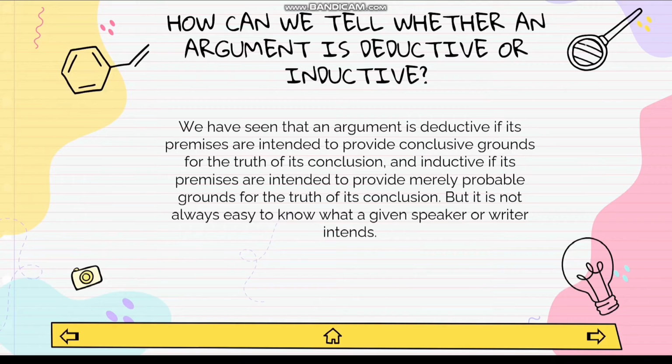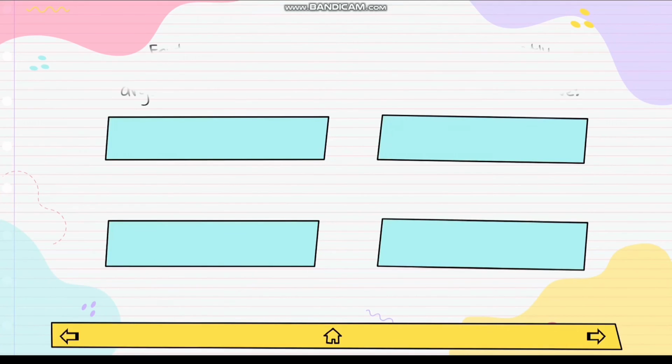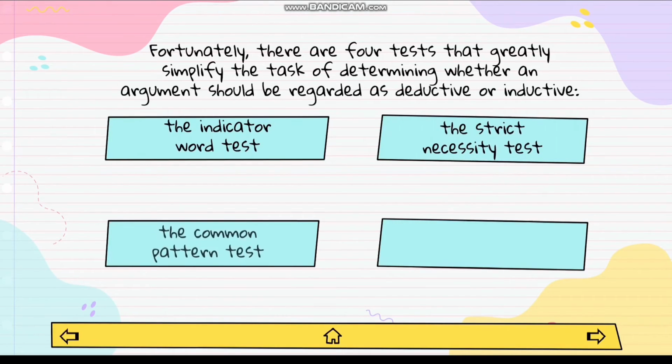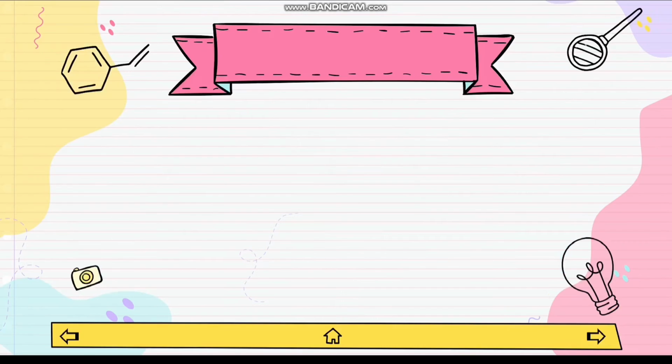But it is not always easy to know what a given speaker or writer intends. Fortunately, there are four tests that greatly simplify the task of determining whether an argument should be regarded as deductive or inductive: the indicator word test, the strict necessity test, the common pattern test, and the principle of charity test.